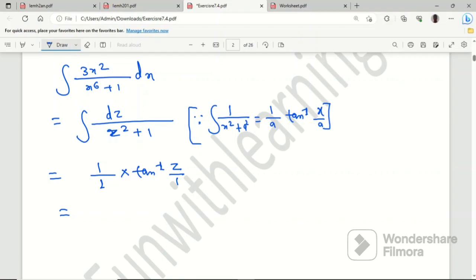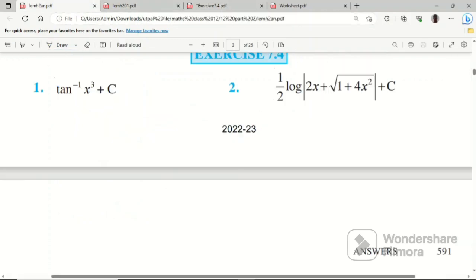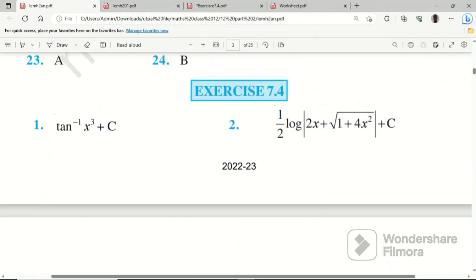So I can write tan inverse x cube plus c as our answer. You can check also here. So answer is tan inverse x cube plus c. Okay, it's fine.